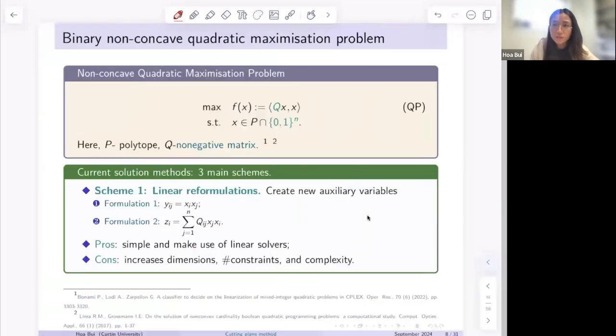The disadvantage is that we increase the dimensions of the problem. For formulation 1, we introduce n squared more decision variables. For formulation 2, we introduce n more decision variables. Generally formulation 1 is better, but formulation 2 also introduces big M constraints, so the continuous relaxation of that problem is also quite poor. So it not only increases the dimensions, it also increases the number of constraints and the complexity of the problem.